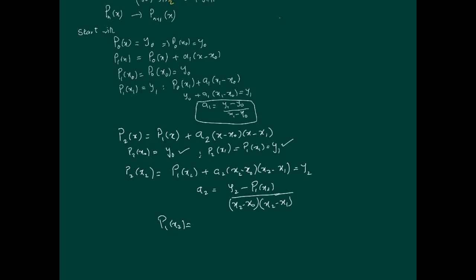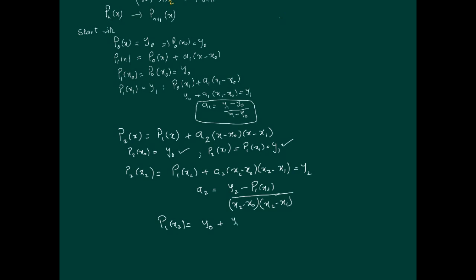So it's going to be P0 of x2, which is just y0, because anything that is P0 will be y0. So it's y0, plus a1, and we know what a1 is.